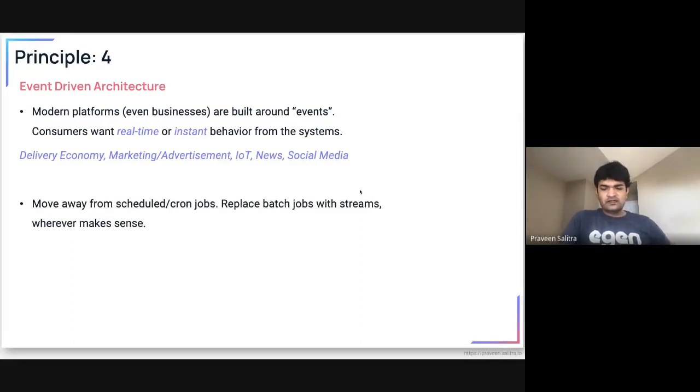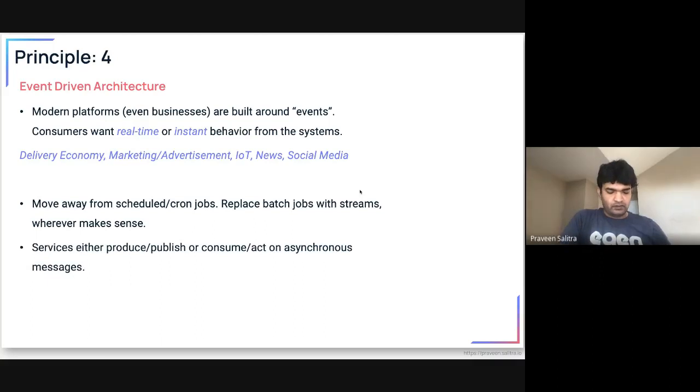The whole idea, whenever we are working with enterprise and legacy companies, refactoring their platform, is moving away from their scheduled batch jobs and replacing them with streams wherever it makes sense. For example, one of the customers we are working with right now, a grocery retailer, had an older 10, 20-year-old platform where everything runs in batch mode, right? The process waits for 6 hours, collects all the orders placed in those 6 hours, and then starts processing them.